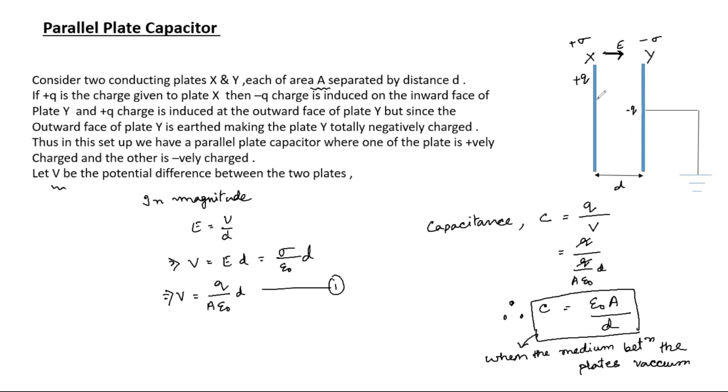When you change the media between the plates, this capacitance value gets changed. How it gets changed, we'll be discussing later in this video. So you will use this expression when the question does not mention any medium, or says that the medium between the plates is vacuum. Only in such cases will you be able to use this expression for capacitance.